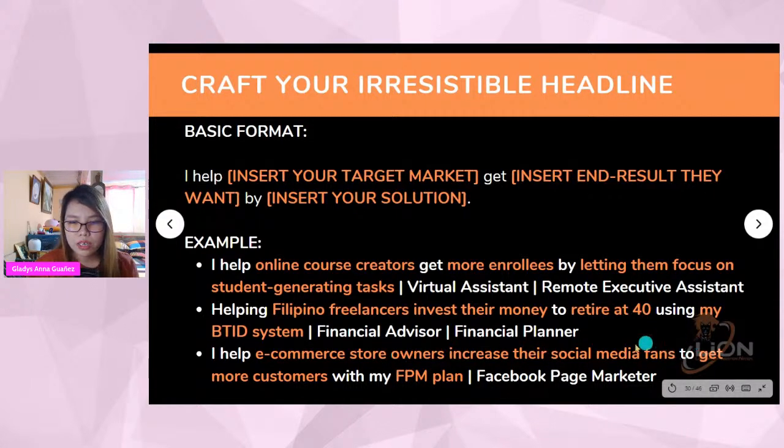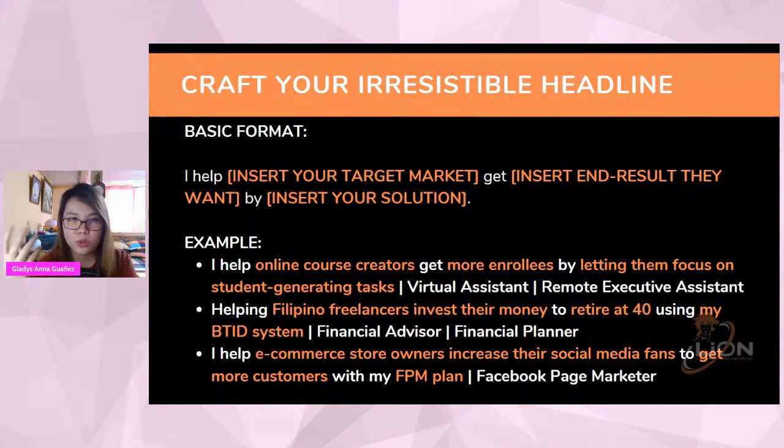Actually, ito para lang siya way for them to get more customers. But actually, what the e-commerce store owners want are more customers. Hindi naman social media fans. Right? Para lang siyang way to get more customers. Kasi if they get social media fans, then what does that mean? Right? Ano yung pinaka-help nun sa kanila? Most probably, they would get more customers kasi they would have more eyes dun sa mga product.